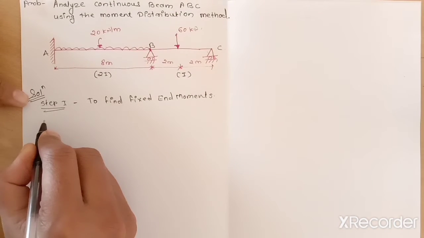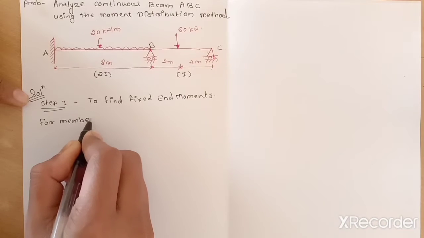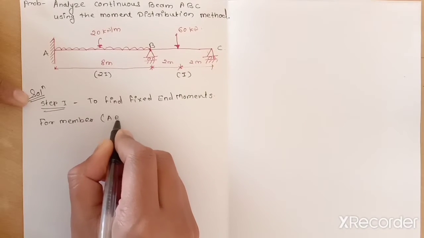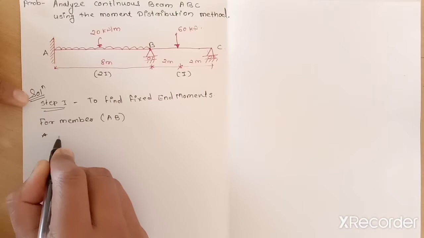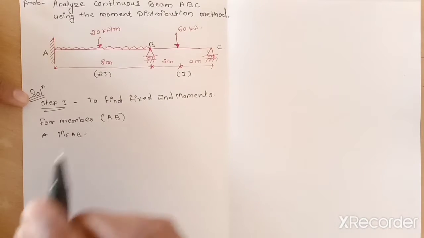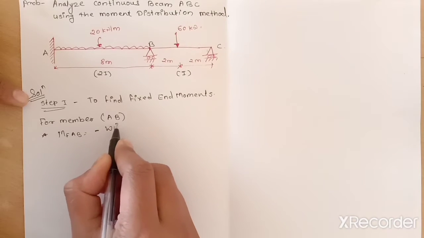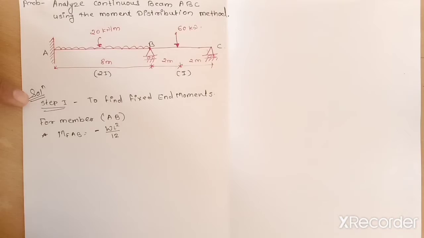First, for member AB, the fixed end moment formula is minus WL square divided by 12.